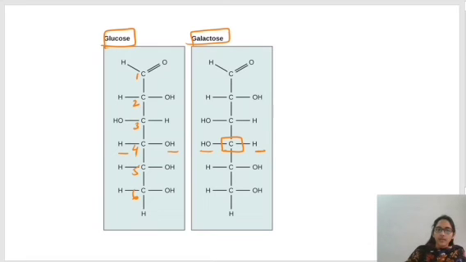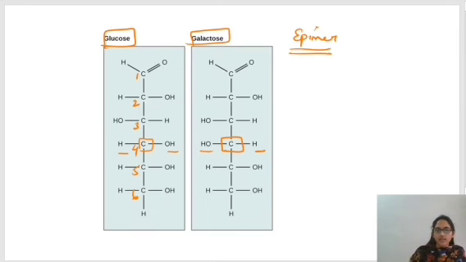So what is an epimer? If the orientation of the H and OH along one of the carbon atoms other than the penultimate carbon atom is different, then it is an epimer. Only one carbon atom's orientation should be different, then it is called an epimer.